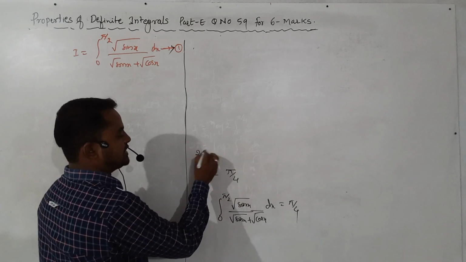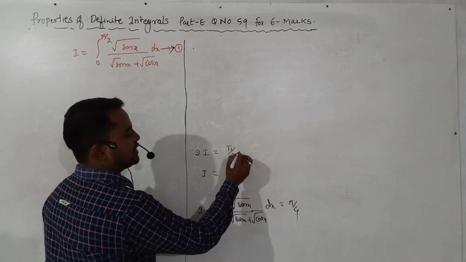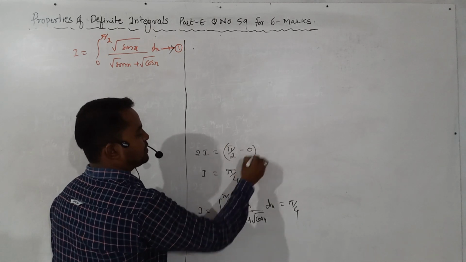Yes. Then 2I is equal to what? 5 by 2 minus 0.